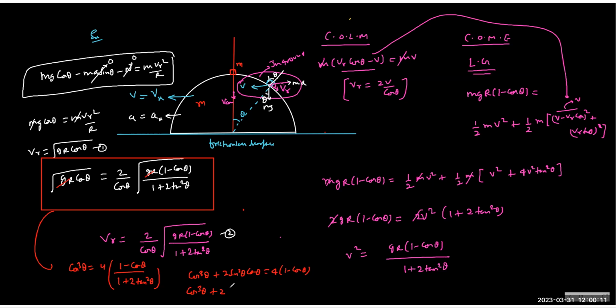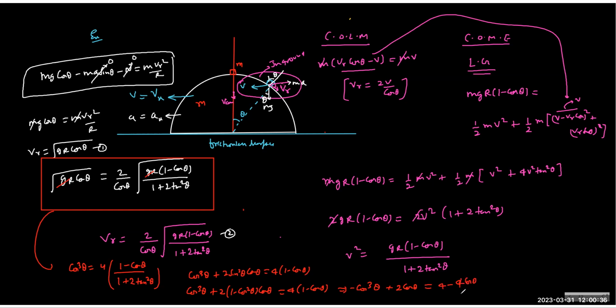Sin square theta is 1 minus cos square theta. So cos cube minus 2 cos theta minus cos theta, right? Plus 2 cos theta equals 4 minus 4 cos theta.